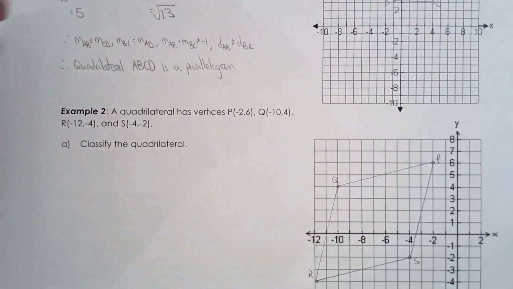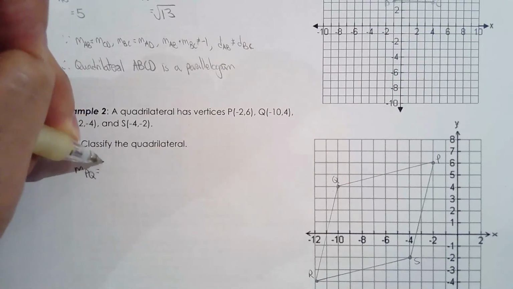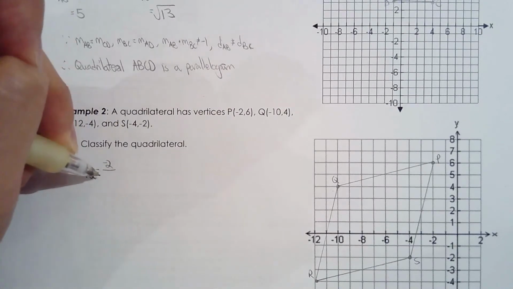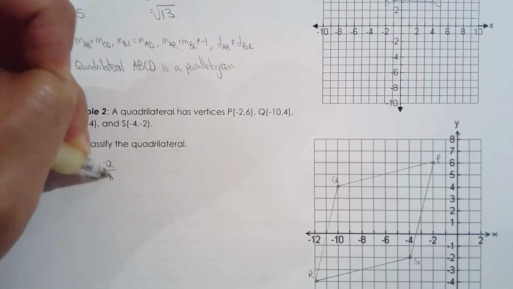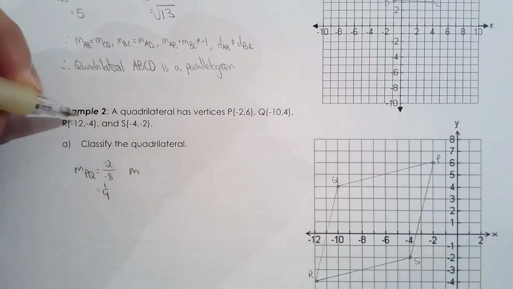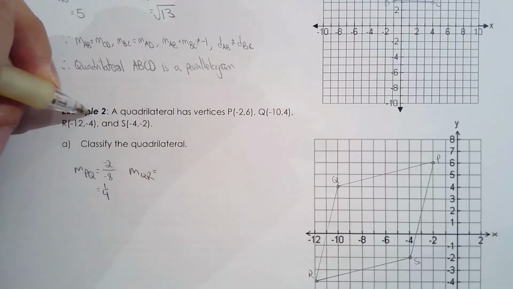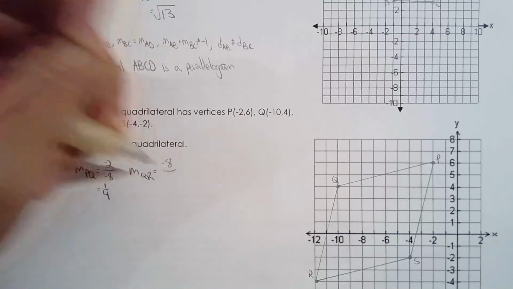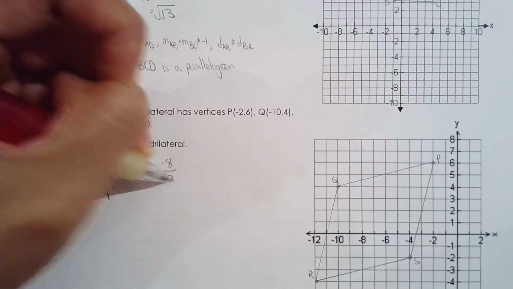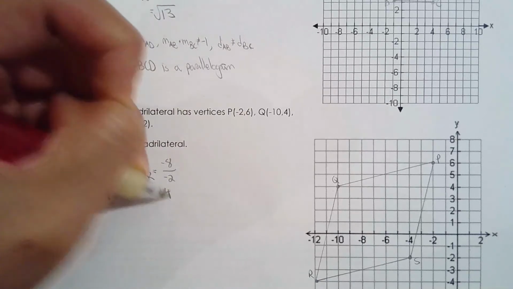Okay, we got PQRS. So let's find the slope of PQ. -2 minus 6 is -8, and -10 minus -2 is -8. So that's 1/4. The slope of QR: -4 minus 4 is -8, and -12 minus -10 is -2, so this is 4.